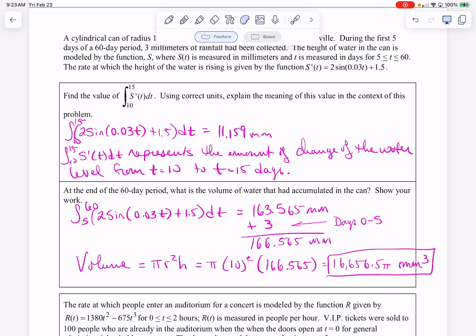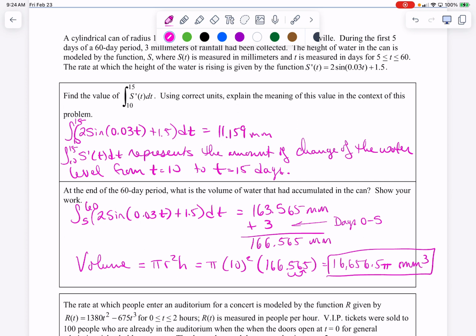I put the same thing in my calculator, but I did not get that number. You probably multiplied out the pi. Oh, this is pi. Did you get 52,327? Yeah, that's times pi. So 16,656. Oh, they want it without the, oh. Yeah, well, it's fine.